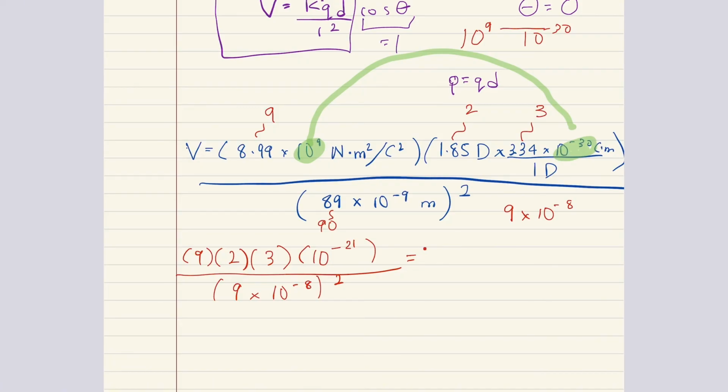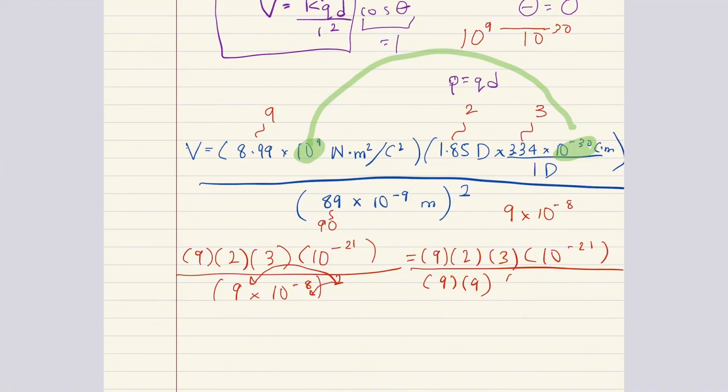I'm going to keep the numerator as is, 9 times 2 times 3 times 10 to the minus 21. And then in the denominator, remember 9 times 10 to the minus 8, this is squared. So the squared value goes to both of these quantities. So we have 9 times 9, and I'm going to write it in this way. You'll see why in a second. And then I'm going to write 10 to the minus 8 squared.